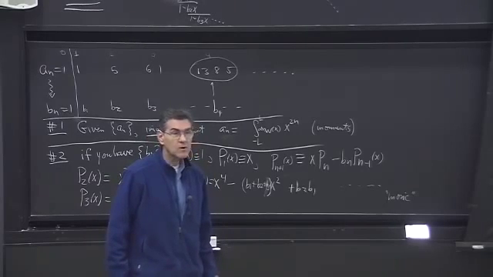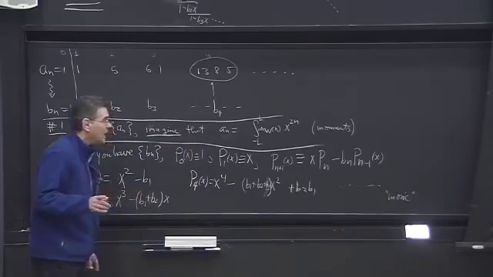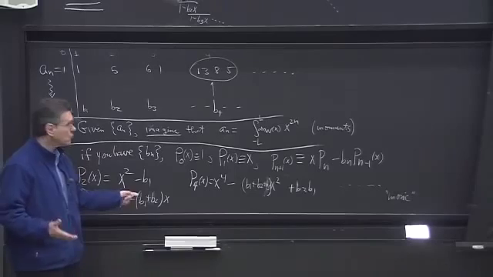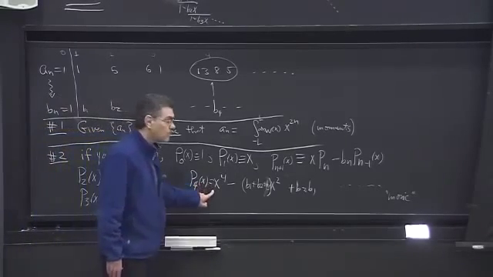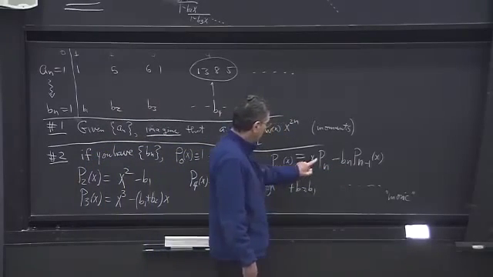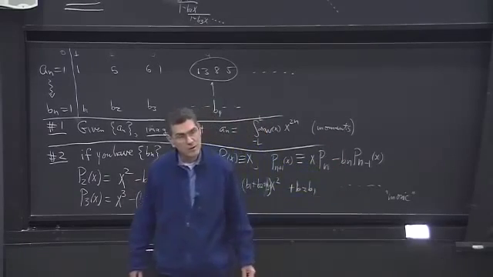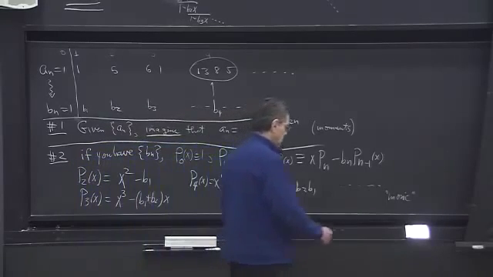Anybody know what that means? That's right. The coefficient of the highest power is always 1. By construction, you can see that will be true. So the coefficient of x squared is 1. x cubed is 1. x to the 4 is 1. That's just because this rule says you always multiply the previous polynomial times x, so the coefficient of the highest power is going to be 1. That's not terribly important, but it's true.